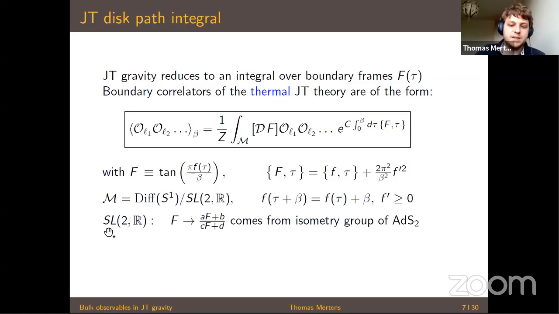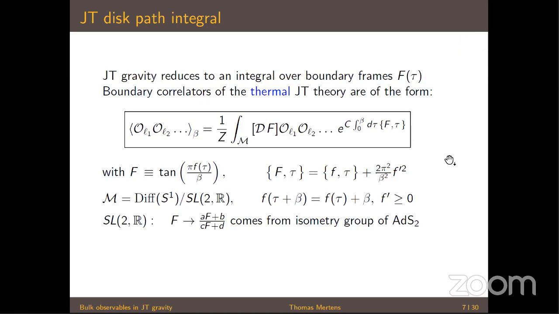And then modding out by SL2R, this Möbius transform action on the Poincaré time coordinate, just comes from the isometry group of AdS2 to begin with. If I compute this path integral and do a rigid SL2R isometry transformation on my entire setup, I will get the same answer, and I choose to mod out by this. We identify these configurations. So this is the setup.